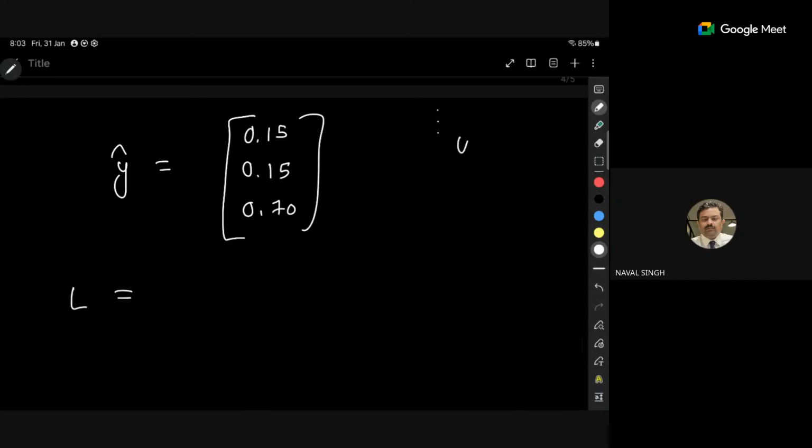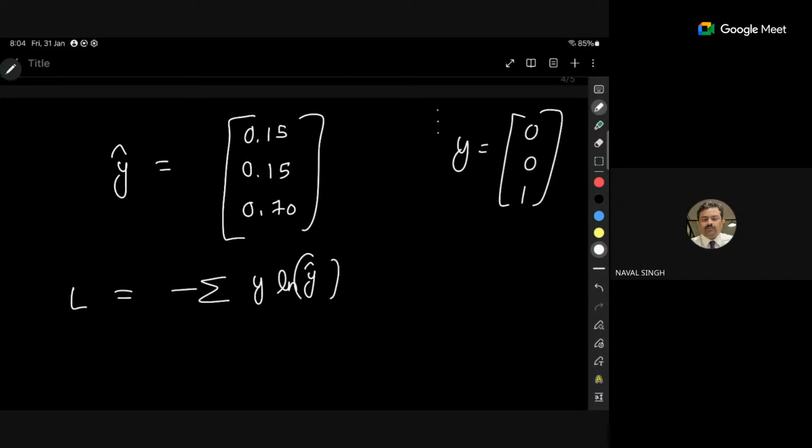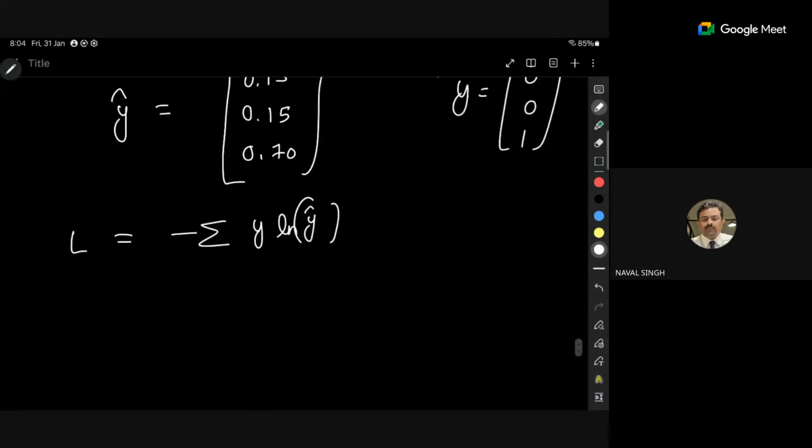So I have y as 0 0 1. So what should I do as a loss? I will only take y minus y hat? No, that's the error function. Okay, the loss computation is basically the negative of the summation of y ln y hat, but you know that y1 and y2 are 0, so I just have to do it with y3.